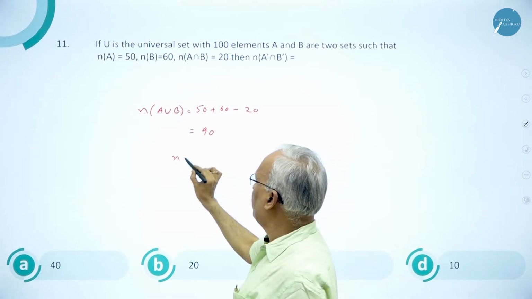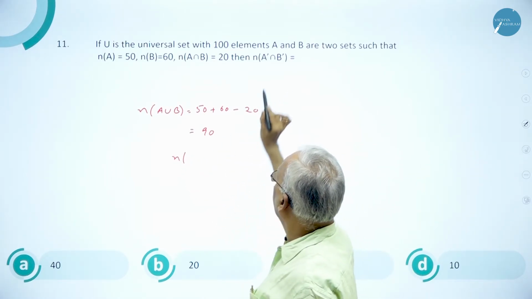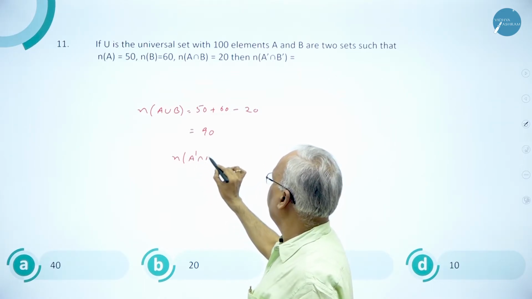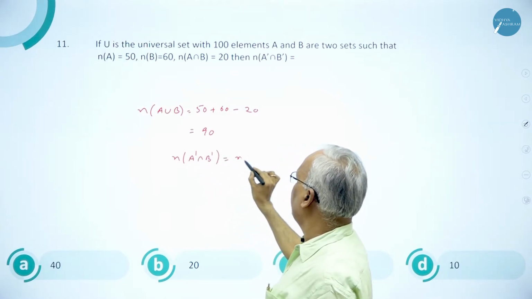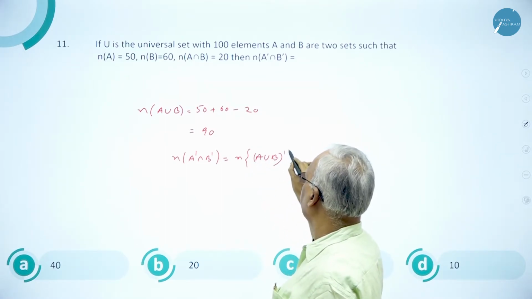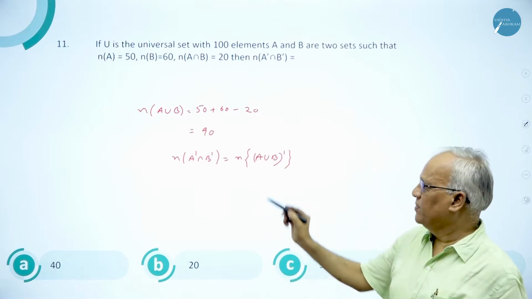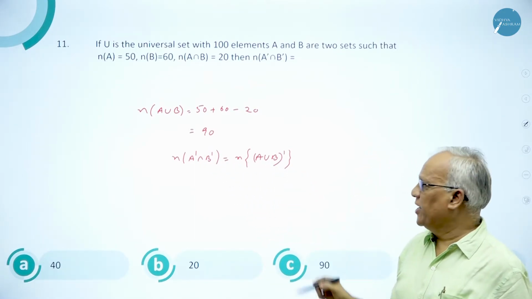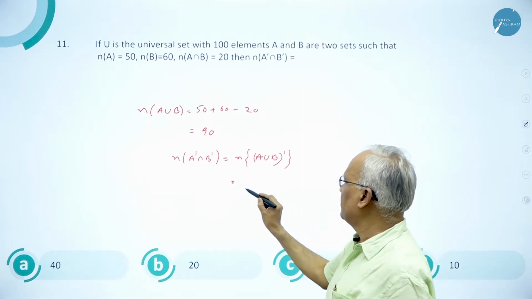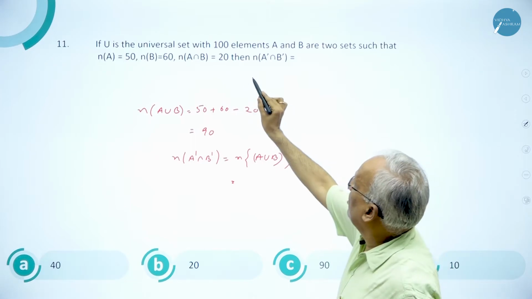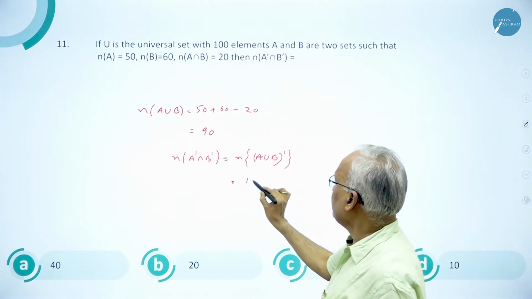Therefore, the required number is n of A dash intersection B dash, which is equal to n of A union B dash. Is it clear? By De Morgan's law, A dash intersection B dash is A union B whole dash, which is equal to, out of the total number, how many? 100.